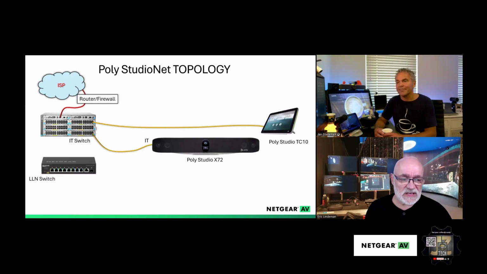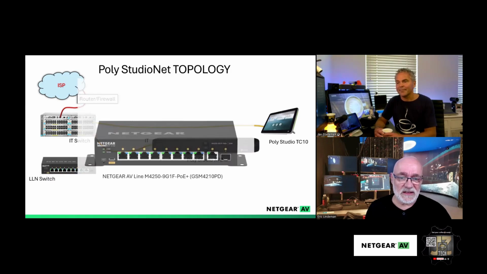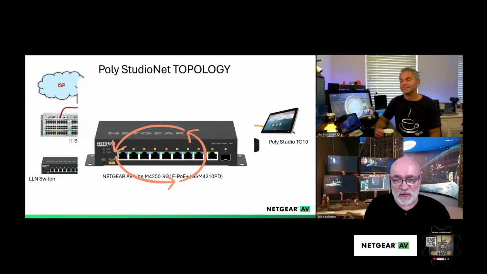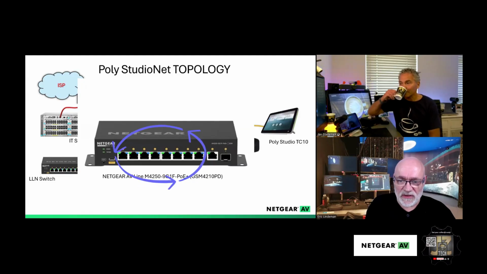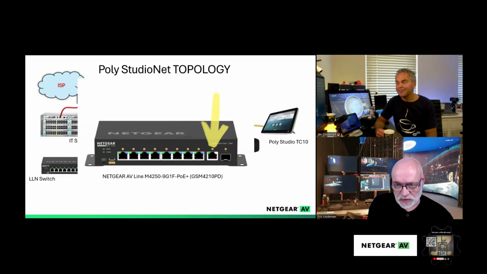The next step is to hook up a LAN switch on the second port of the Poly bar. You can use the NETGEAR AV Line M4250-9G1F-PoE+ switch. The good news is that ports 1 to 8 are capable of providing PoE to power the devices we are going to connect. Port 9 we can use to hook up to the Poly bar.